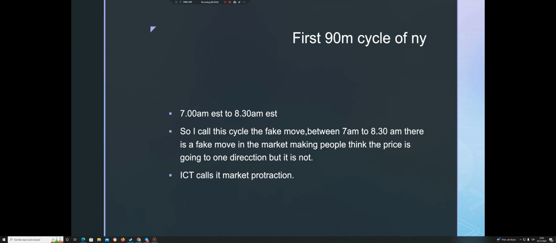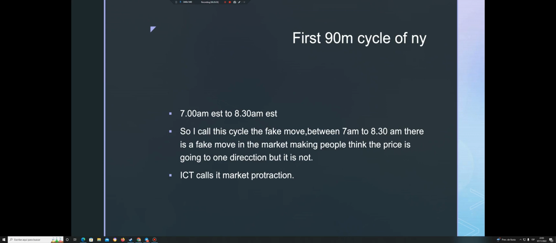Between 7 AM and 8:30 AM each time there is a fake move in the market, making people think the price is going in one direction, but it is not. ICT calls it market protraction. Maybe some of you know, maybe no one, I don't know.